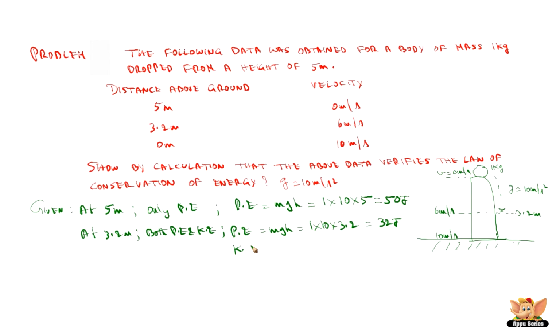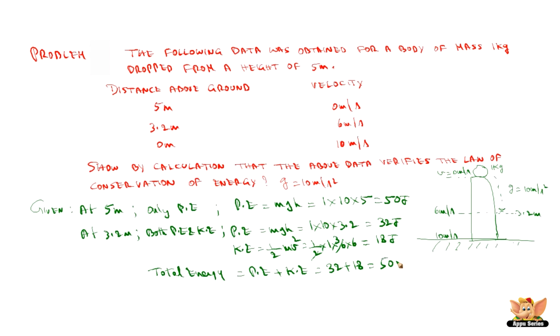Kinetic energy is half mv square, where half into m is 1 and v at this point is 6. So 6 into 6 is 36, half of it is 18 joules. So at 3.2 meters, the total energy is potential energy plus kinetic energy, which is 32 plus 18, 50 joules.